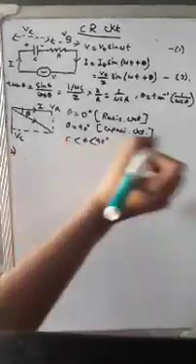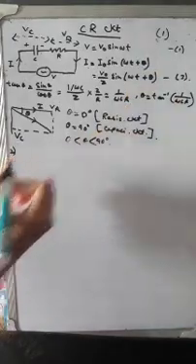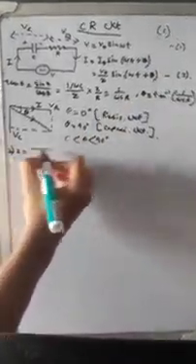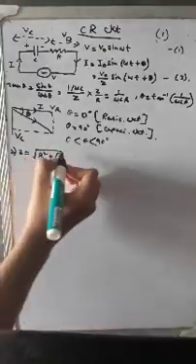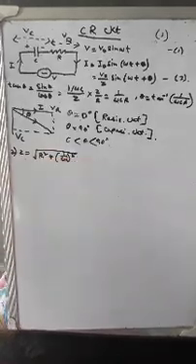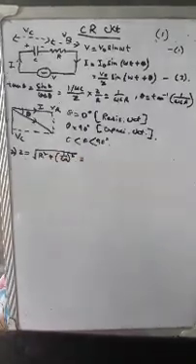This was conclusion 1, and I'm writing here conclusion 2. So Z equals the square root of R square plus (1 by omega C) whole square, and I can write it here in this way.